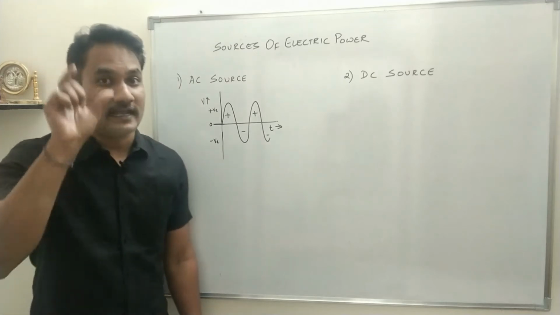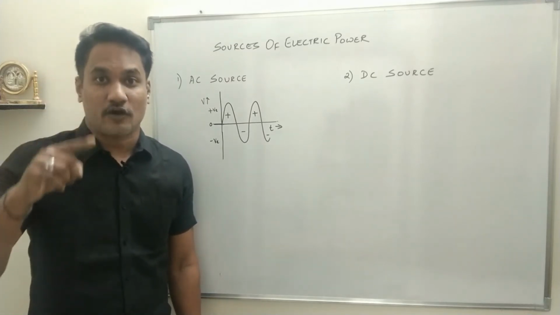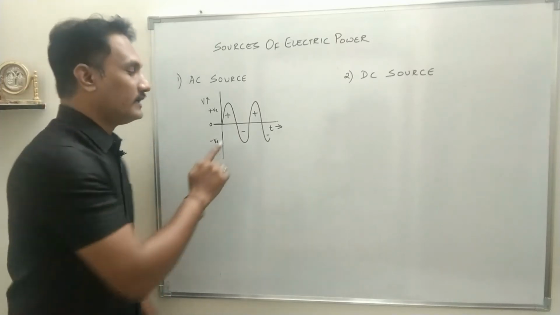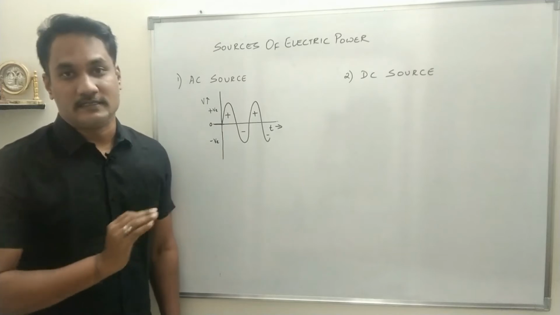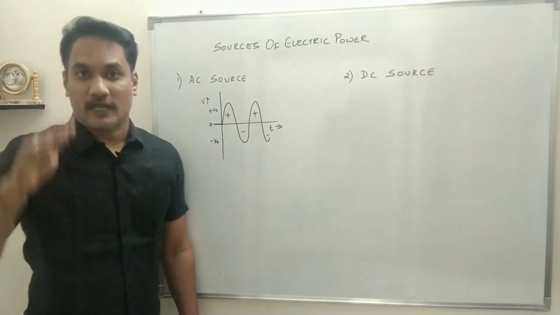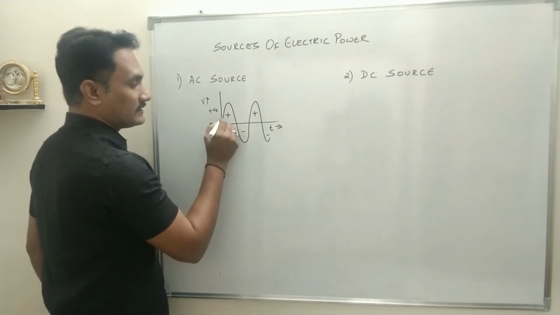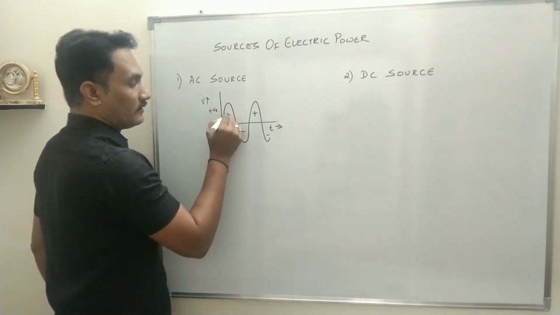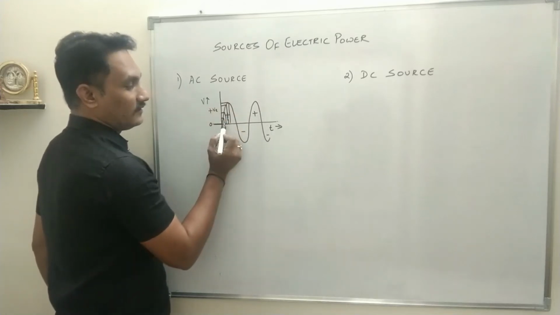As I said, the name alternating cycle means the cycle will change alternately with respect to time. So there are two things to be remembered for an AC source. Of course, it is changing its polarity with respect to time. Also, it is changing its amplitude.